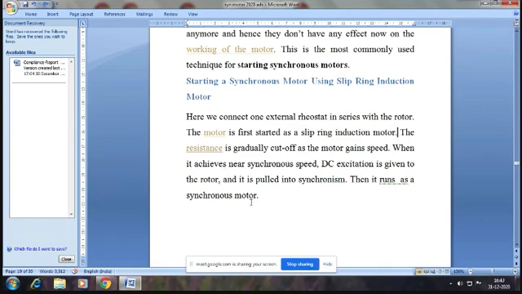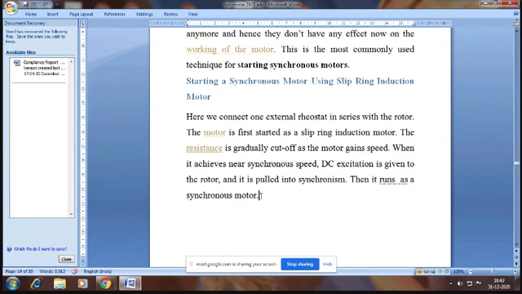Then it runs as a synchronous motor. Here the procedure is a bit different. We connect an additional external resistance in the field circuit, that's in the rotor circuit, through the slip rings.